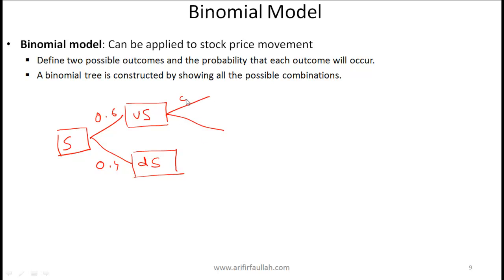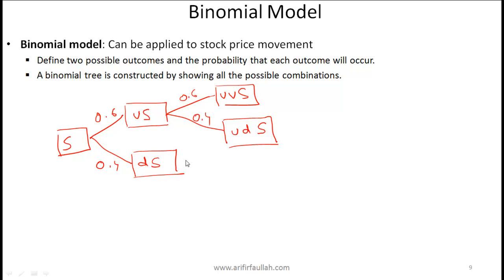In the second stage, again, probability of going up is 0.6, and the new price will be u times u times s, and this will be u times d times s, and this probability is 0.4.